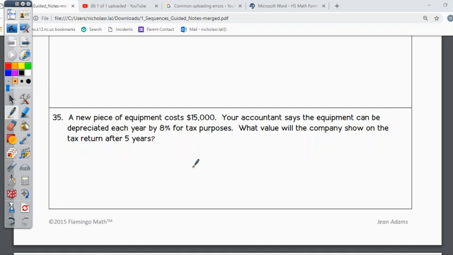What value will the company show on the tax return after 5 years? So let's think about it. After 0 years, how much does this piece of equipment cost? $15,000.